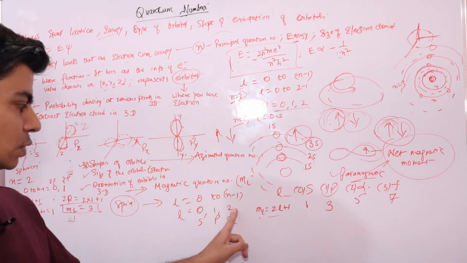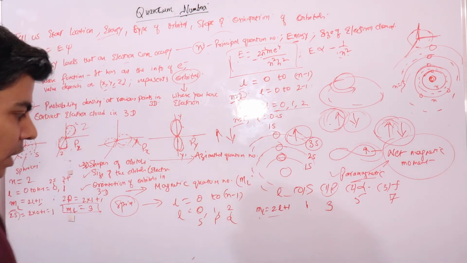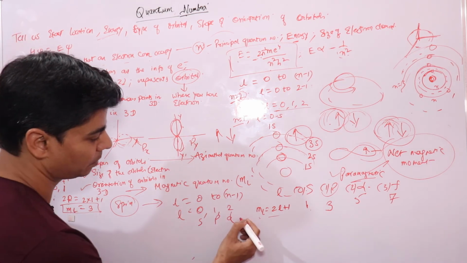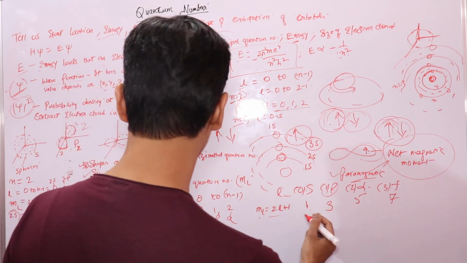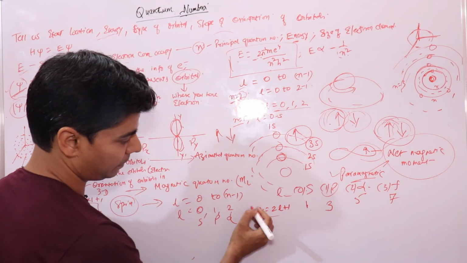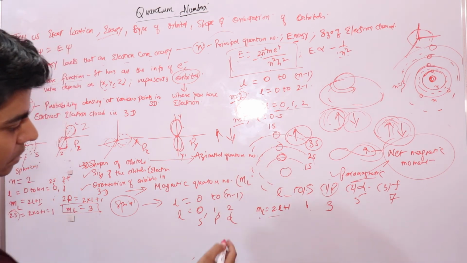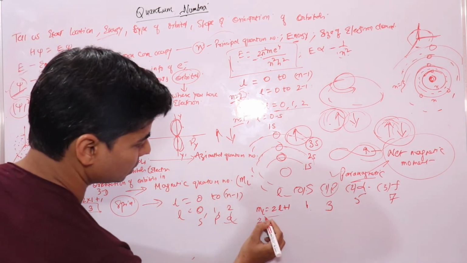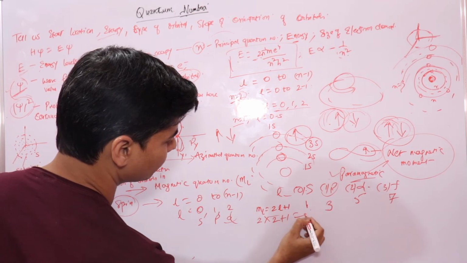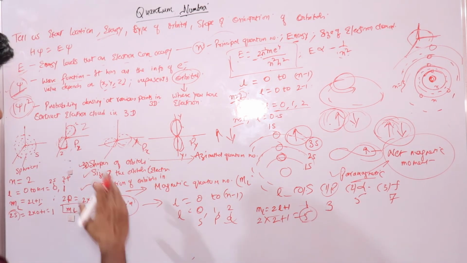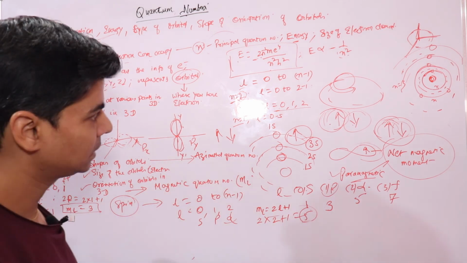So l equal to 2 is d orbitals, and if you want to know the orientation of d orbitals, it is given by the magnetic quantum number, given by 2l plus 1. For d it is 2 into 2 plus 1, which is 5. So this d orbital has 5 orientations in 3D space.